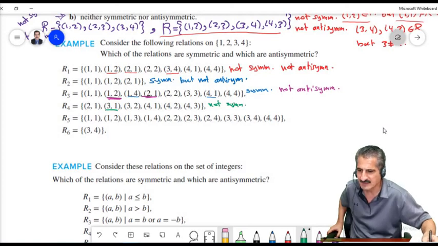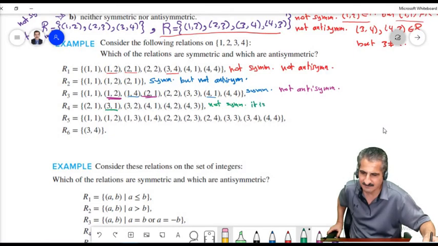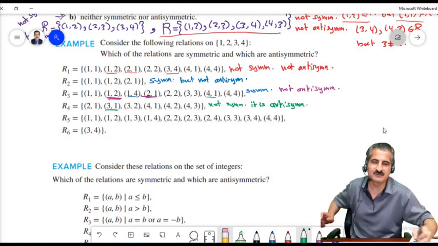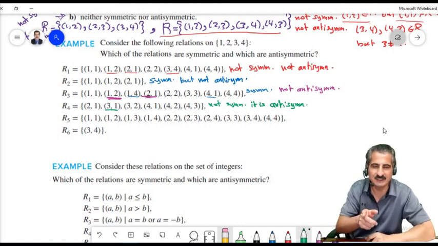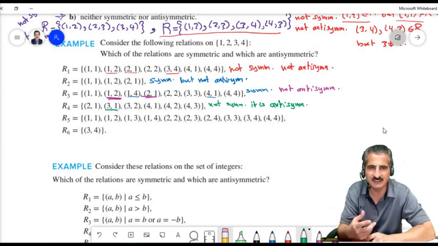Is it anti-symmetric? Now answer me, is it anti-symmetric? Yes? Antisymmetric says if we have A related to B and B related to A, then A and B are equal.